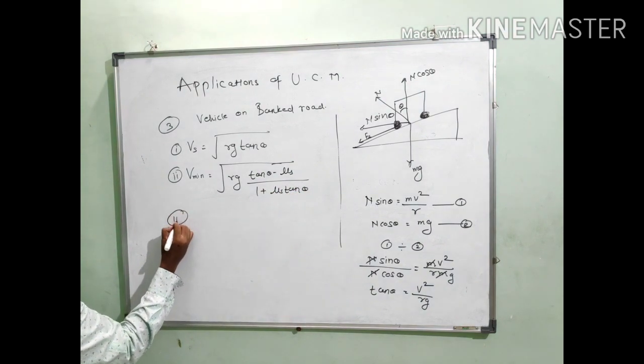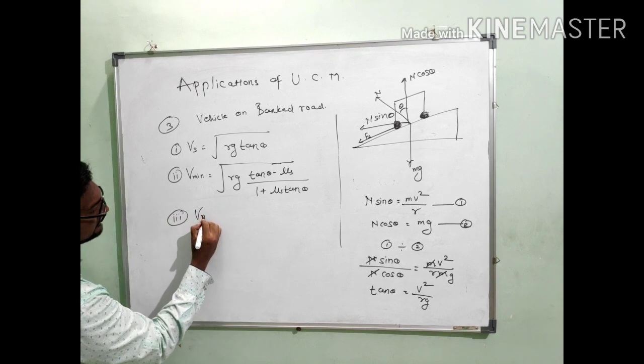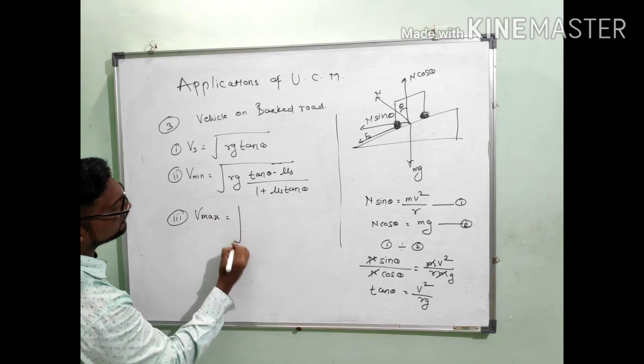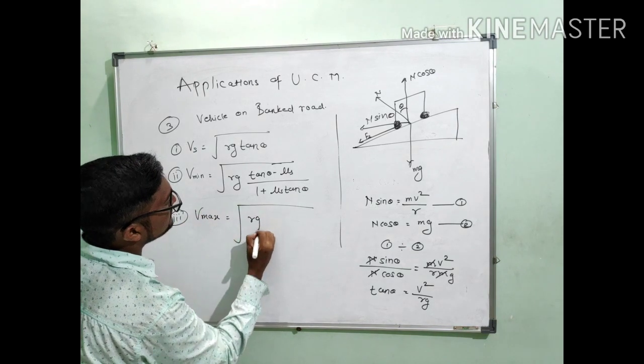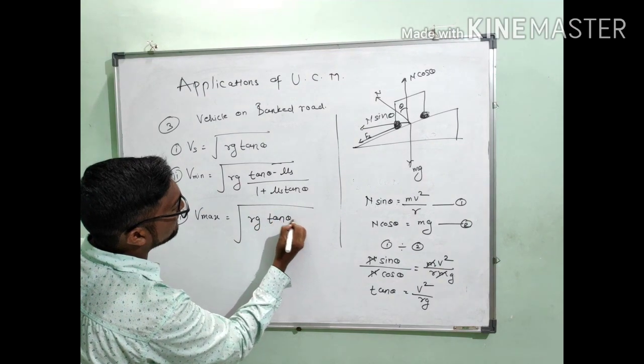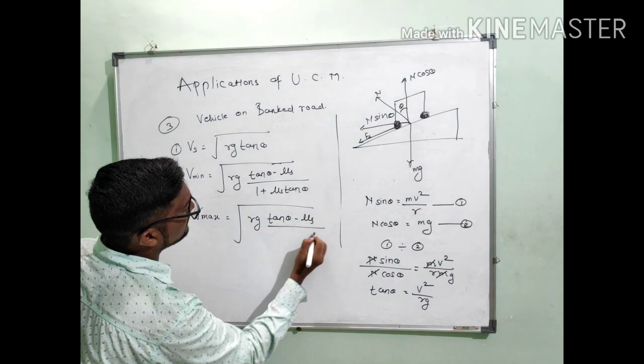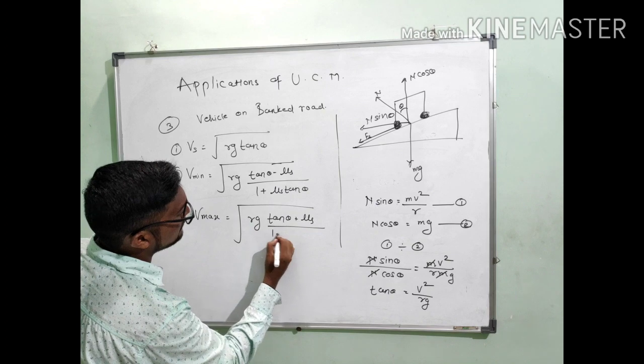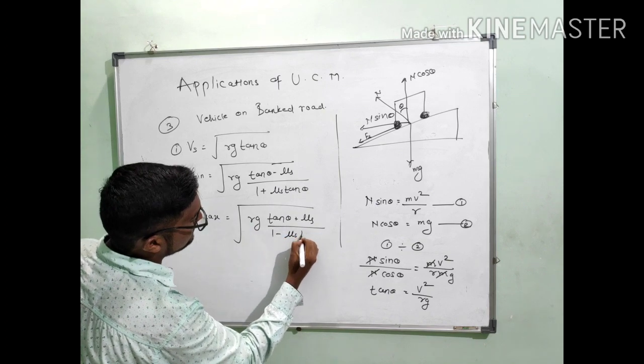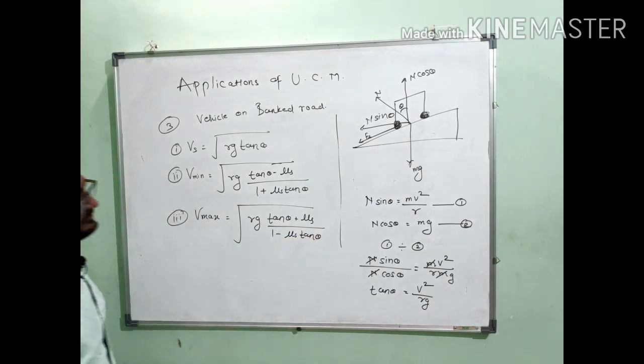And third is V max, which is equal to root Rg tan theta plus mu s upon 1 minus mu s tan theta.